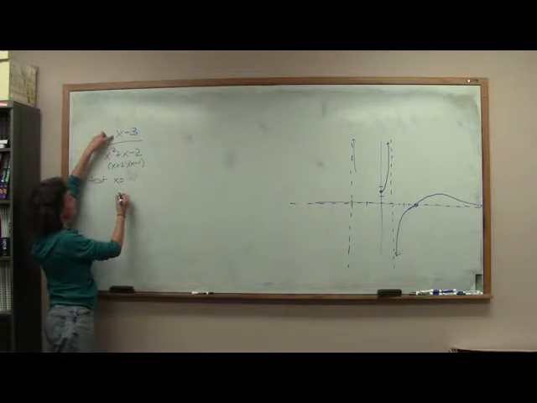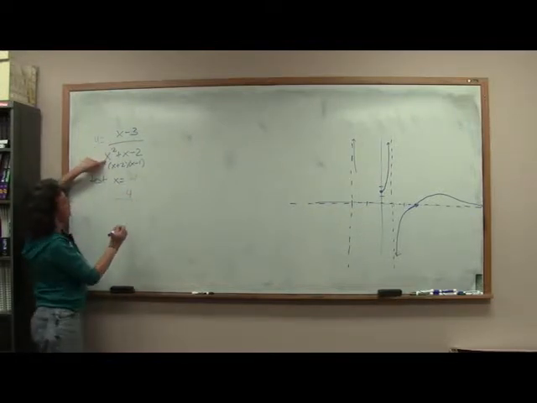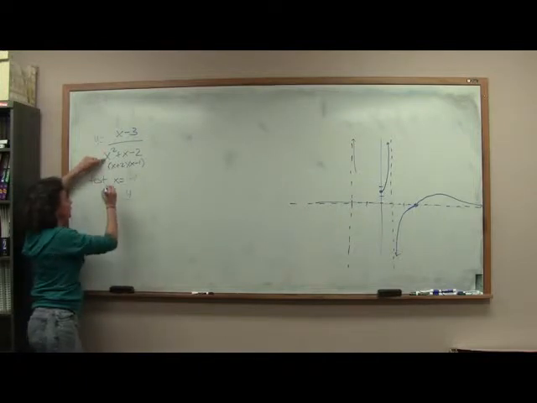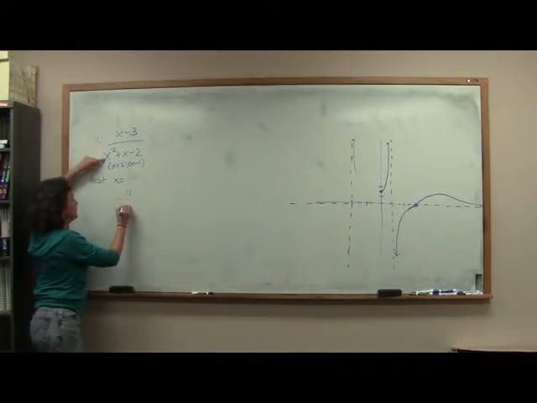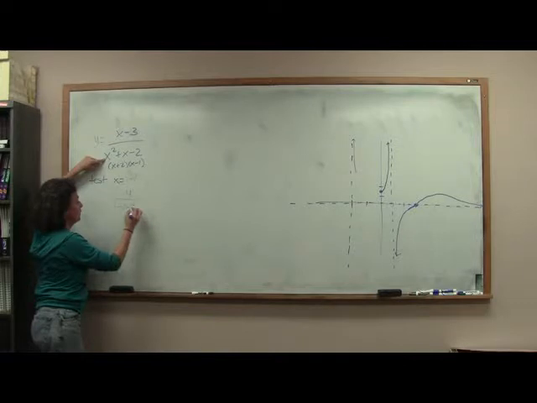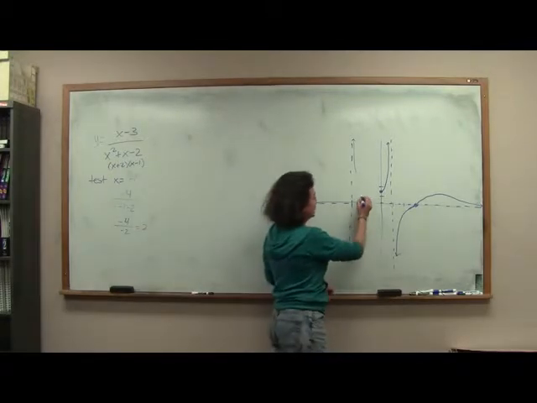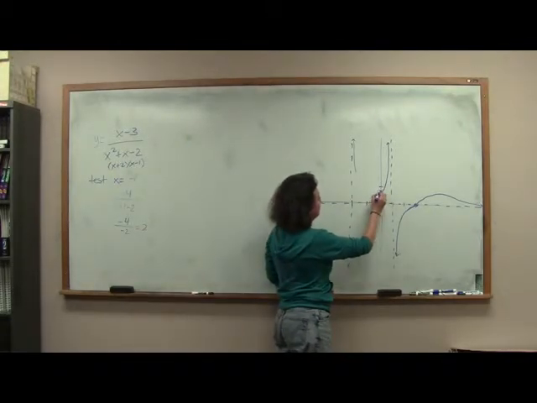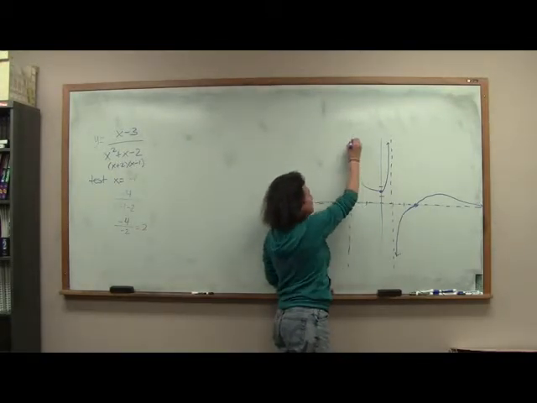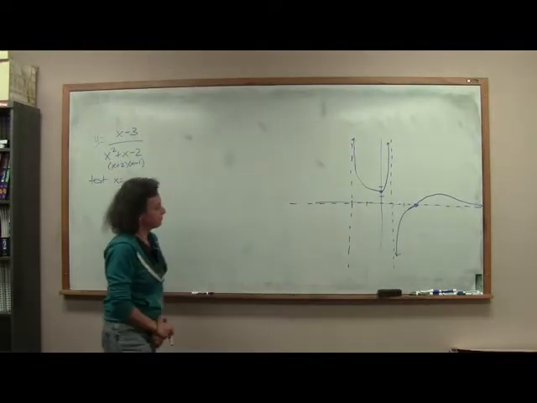If I plug -1 in here, I get a -4. If I plug a -1 in here, well, I get 1 minus 1 minus 2. So I'm going to have -4 over -2, which is 2. In other words, it's growing. So I'm going to shoot up like that.